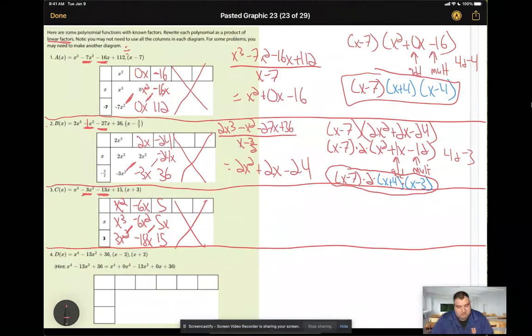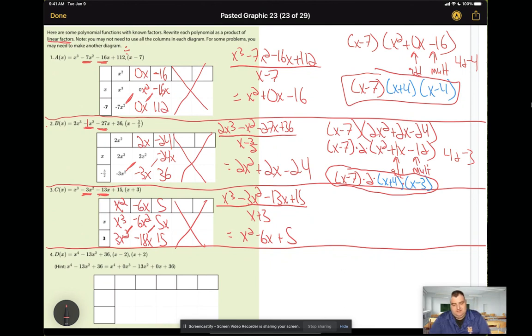So my answer for x cubed minus 3x squared minus 13x plus 15 divided by x plus 3, that answer is x squared minus 6x plus 5.